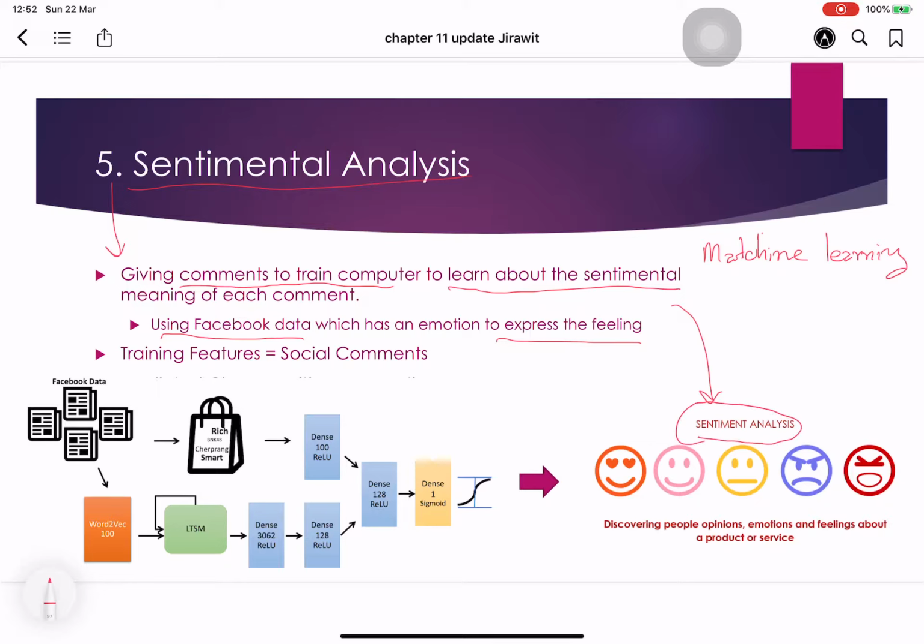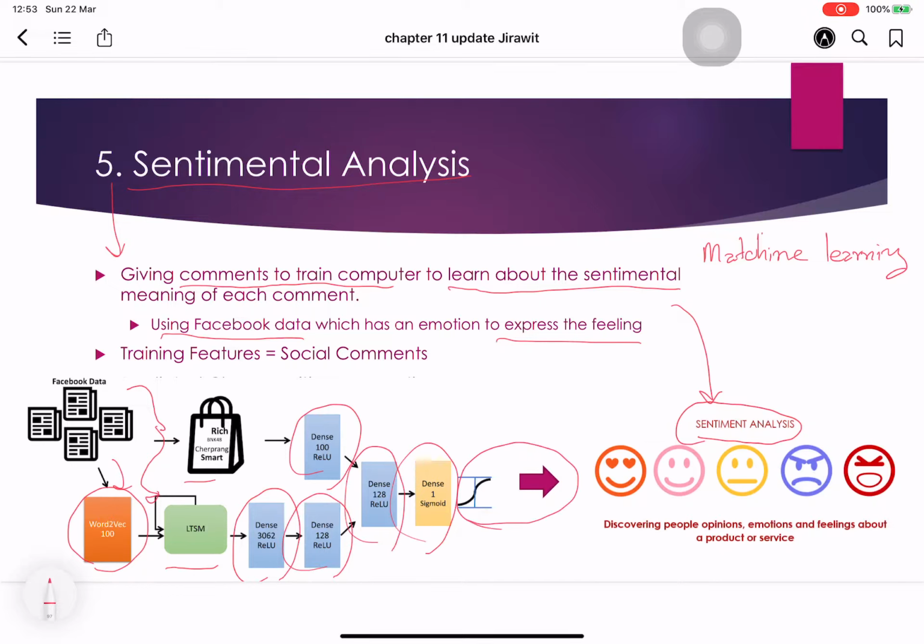This is how it works. The Facebook data comes to a system, right? The words start with this, and then are analyzed, and then you can see what it says and discover people's opinions with emotion and feeling.